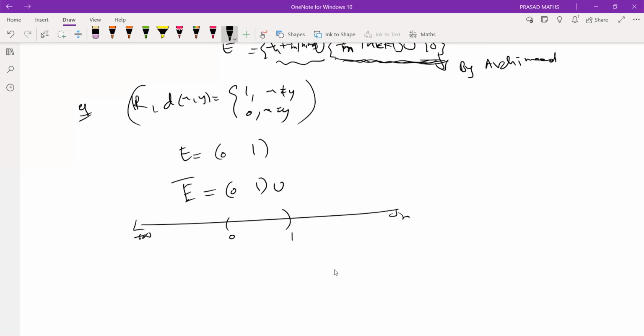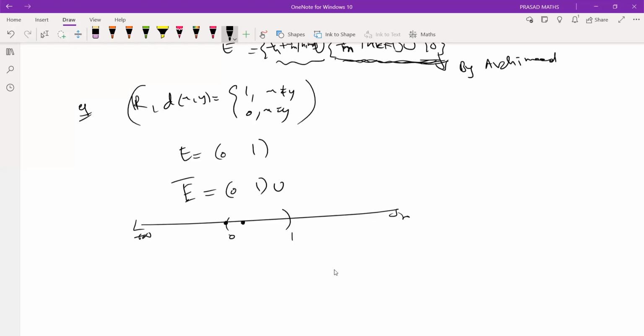What is my derived set? None of the points are limit points, right? Therefore, 0 cannot be a limit point, because I can choose a neighborhood as a singleton {0}, which does not contain any other point.